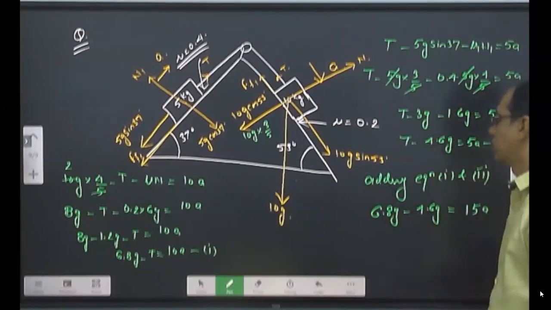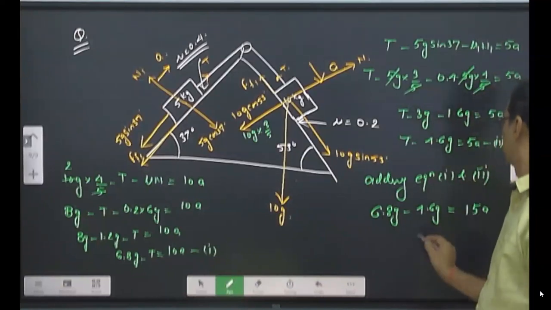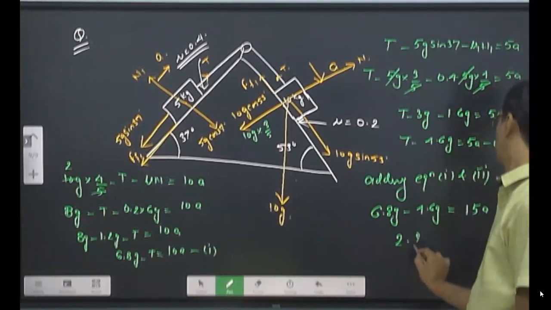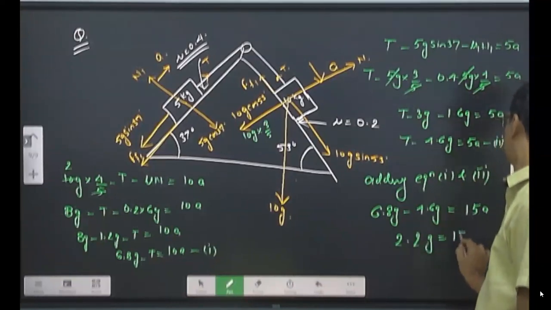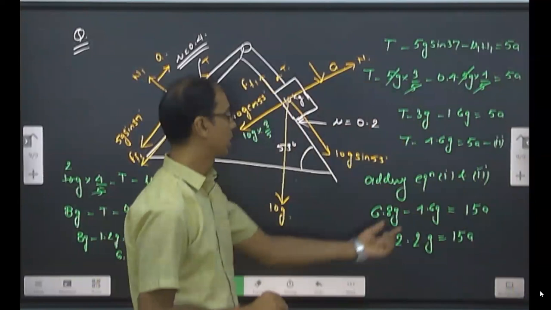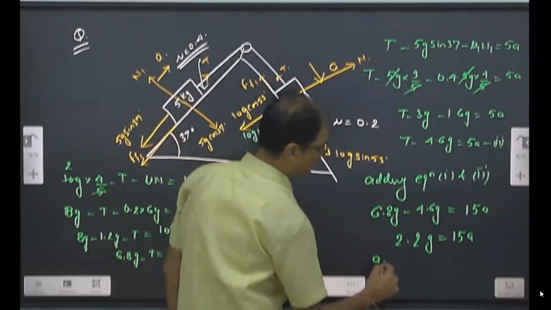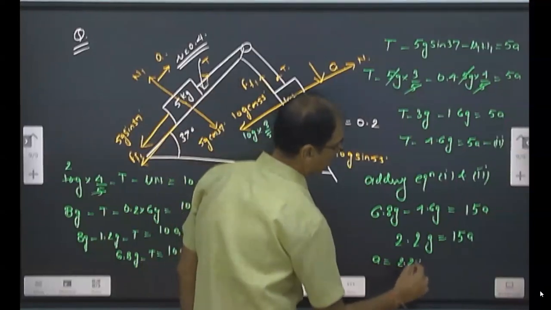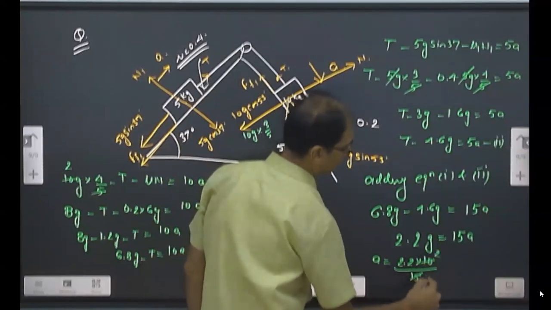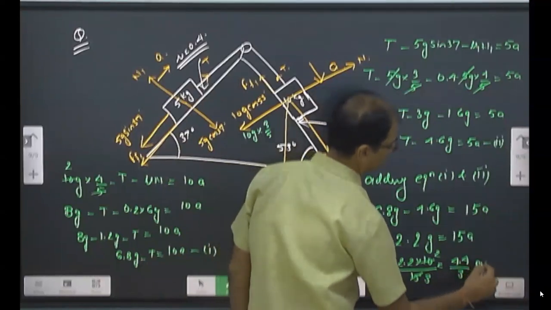So 6.8 minus 4.6, how much is it? 2.2. So 2.2g equal to 15a. The acceleration is 2.2g by 15. You check that 6.8 minus 4.6 is 2.2 only, no? If you want, you can take g as 10, so 22 by 15 times 2, this is 2, this is 3, so 4.4 by 3 meter per second square.